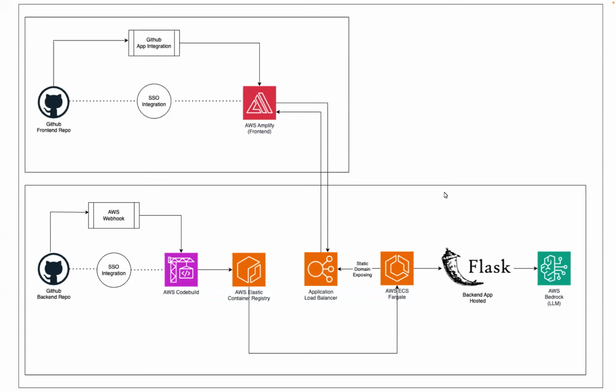After building it, it will register it to the ECR. Once a new image is registered in the ECR, it's going to be used by ECS Fargate. Then ECS Fargate will spin up that task container, and that container will start listening to the port number provided by the application load balancer.